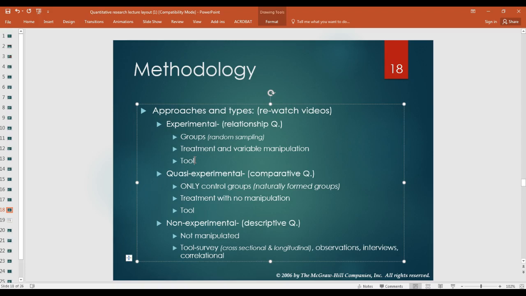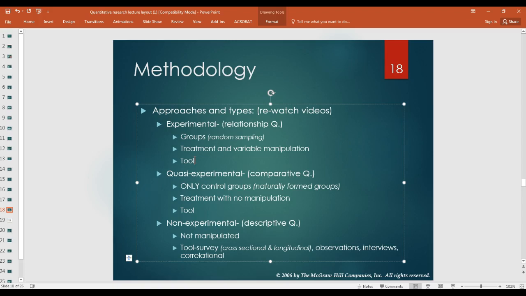In the quasi-experimental, if you remember the comparative, the difference, okay, so what is the difference between teachers of good health or teachers who are obese in Frederick County Public Schools, okay?